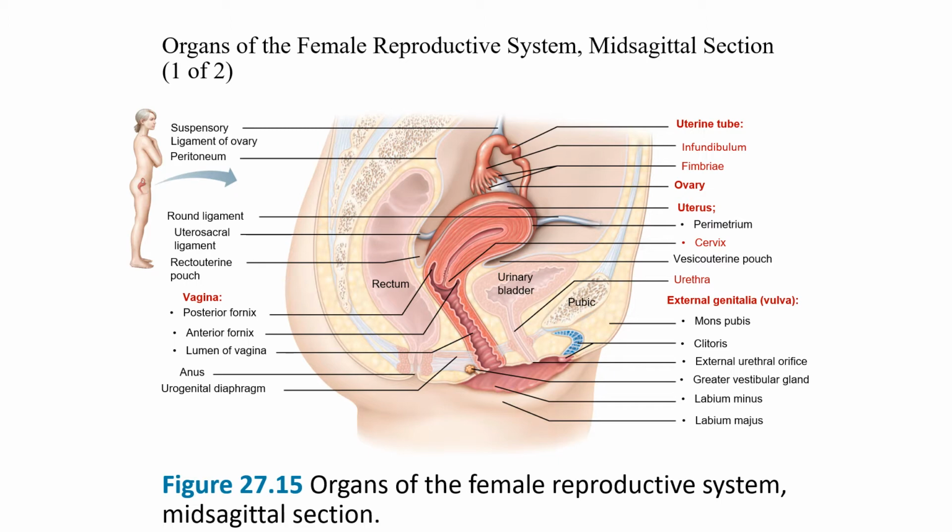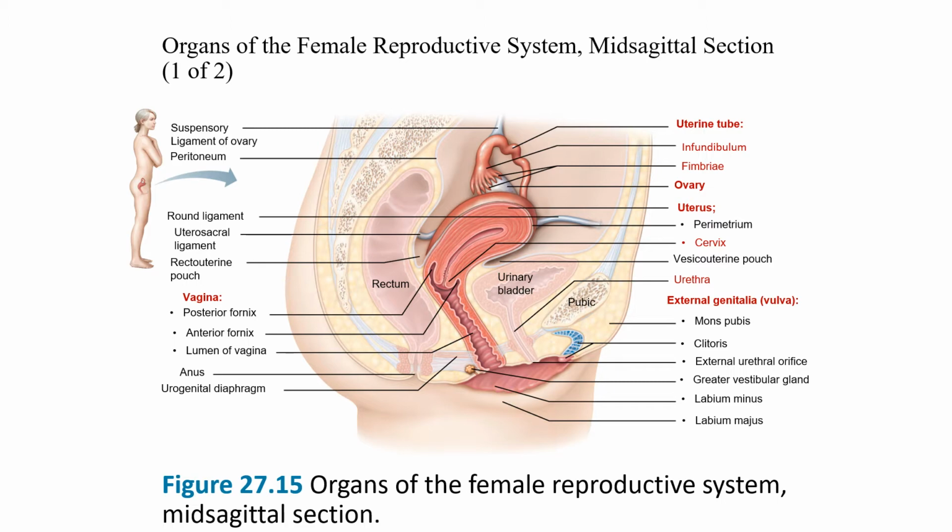And we also look at this. Let's look at the external genitalia, often called the vulva. The mons pubis is a pad of fat over the pubic bone, and it provides protection to the urinary bladder and the uterus. It also is there for storage of energy.